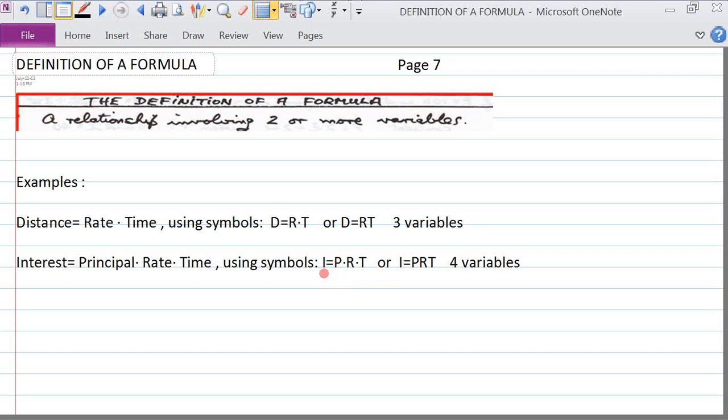Then we have I equals PRT. We have four variables. So this gives us some examples of a formula, the definition being a relationship involving two or more variables.